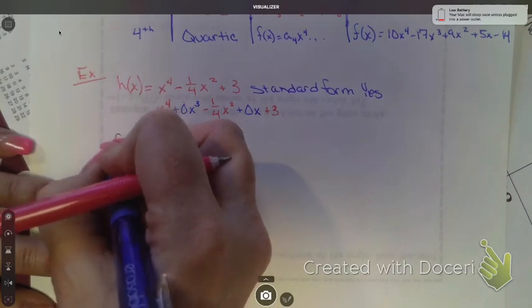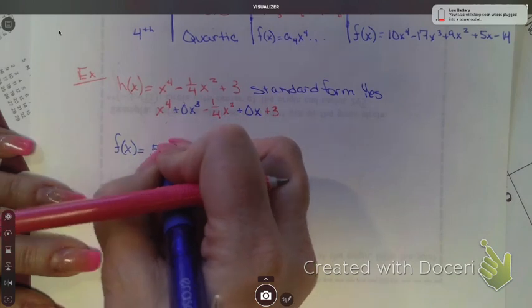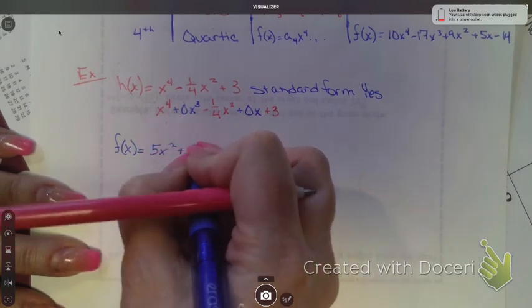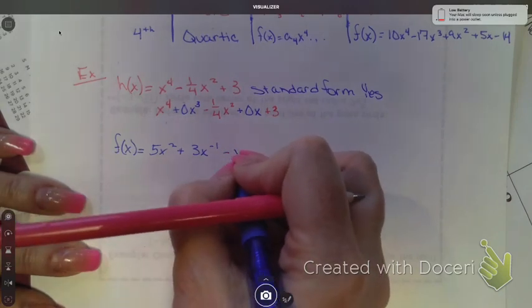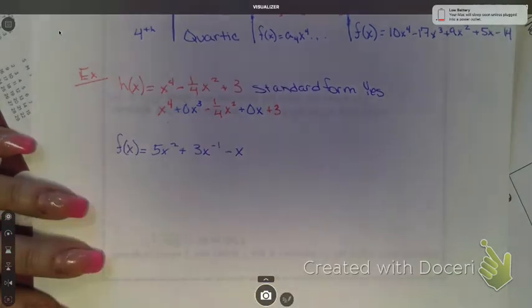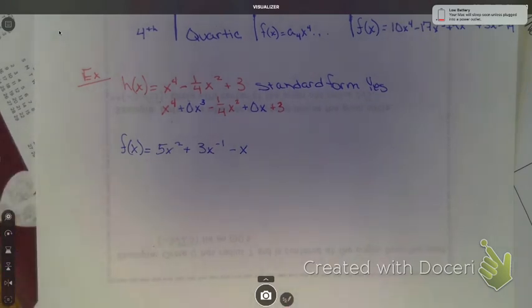F of x equals 5x squared plus 3x to the negative first minus x. Now, it should go in descending order, yes?